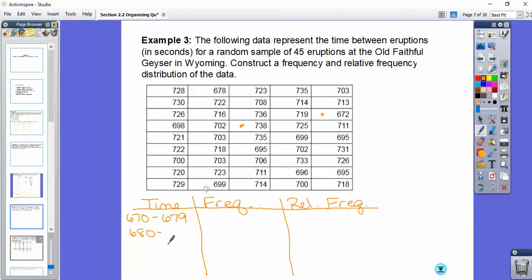If I ask you for the class width of this, the class width is how far it is from the beginning of one group to the beginning of the next. So this is actually a width of 10. But I don't want to say 670 to 680 up here, because then you wouldn't know to put the 680s with the first group or the second group. Okay, so we're spacing them out like that, making our different classes.